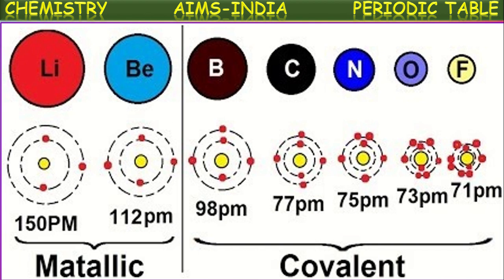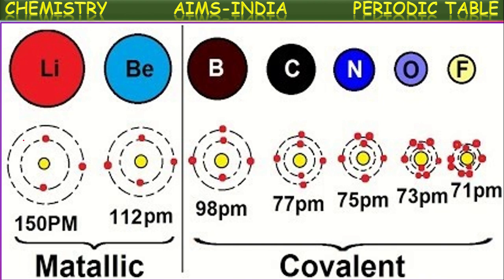See, one example is mentioned here. These are second period elements, isn't it? From lithium to fluorine, and neon will also be at the end. So till halogens it is shown here. From lithium to fluorine, if you observe, for all these elements, the last electron is present in the second shell only.